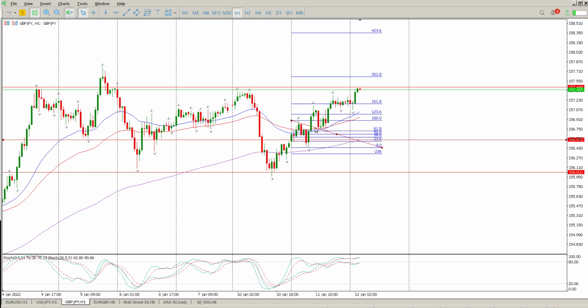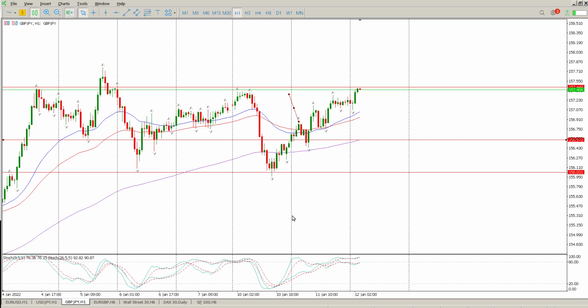This is normally where the pullback comes into the range, and then we move to the height of the range. Let's get rid of this. You'll see what I'm talking about here. So there is the range, and there was the target, which was the previous high.